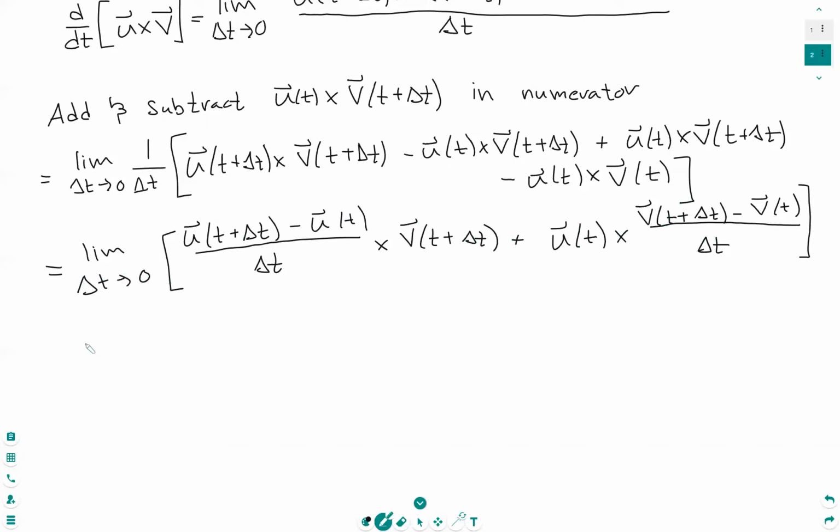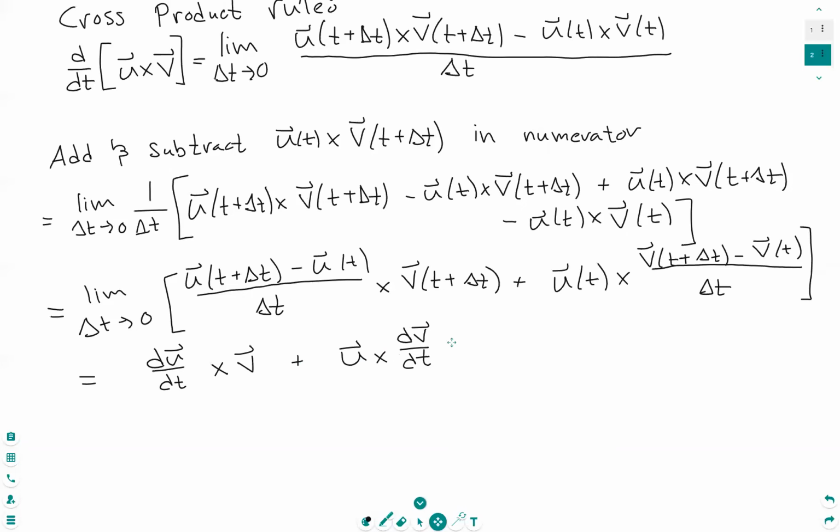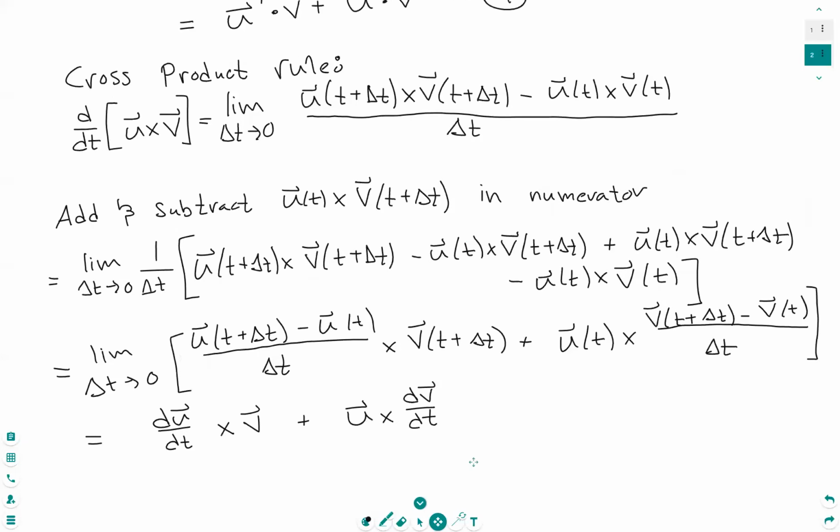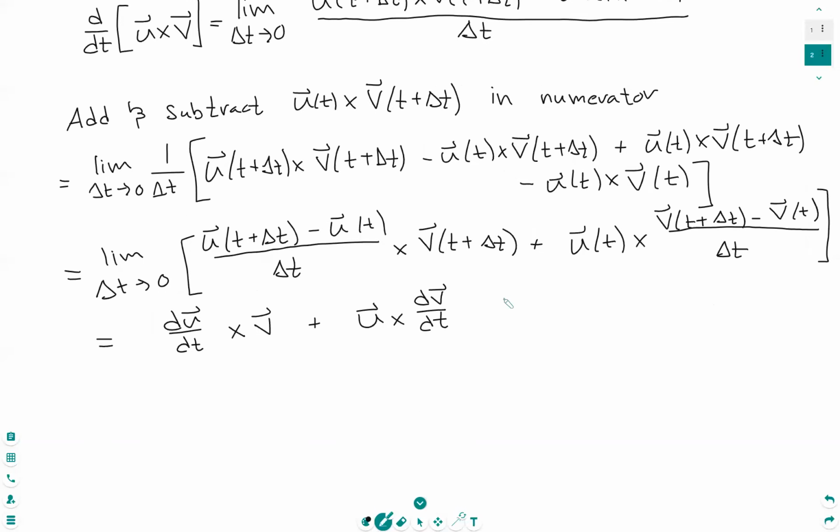So in fact, we get that this is du dt crossed with v plus u crossed with dv dt. So it looks like the cross product also goes by a similar product rule, but we had to take a little bit longer of a journey to illustrate that. So this is our rule 5 here.